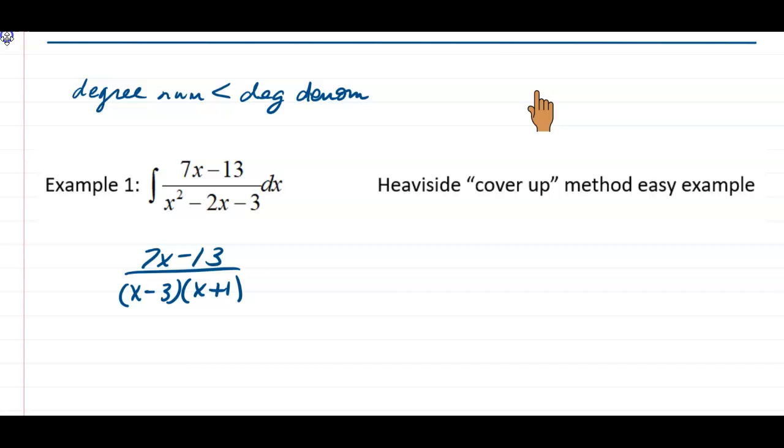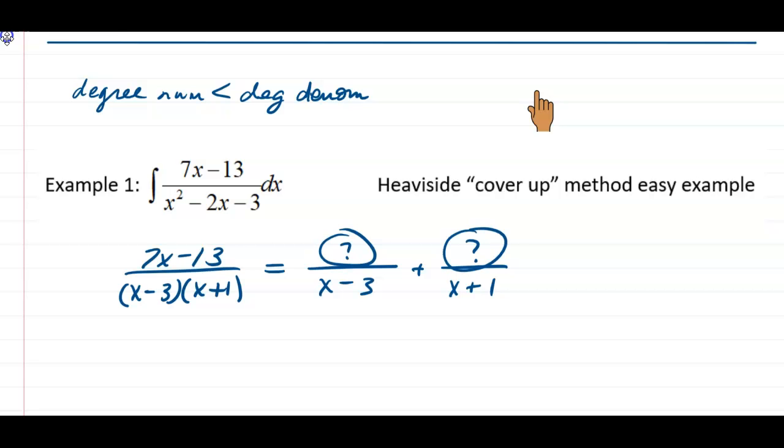And the goal here is this. We want to write a fraction where we need to find the numerator and another one where we're going to put the other factor of x squared minus 2x minus 3 in the denominator, like this. So the question is, what is going to go here and what is going to go here?